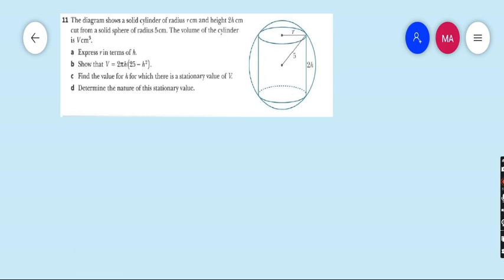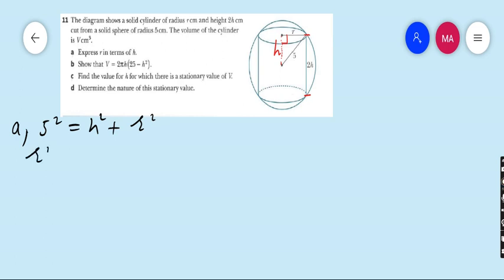If you see carefully, from this point to this point, the value is 2h, and if we drop the perpendicular, this value must be h. So for part A, if we use the Pythagoras theorem, that is the square of the hypotenuse is equal to the sum of the squares of the other two sides.